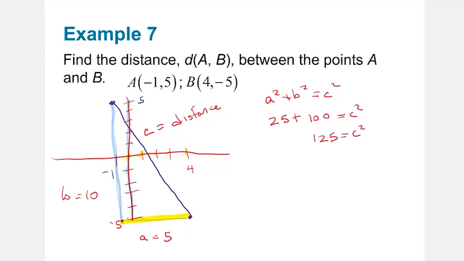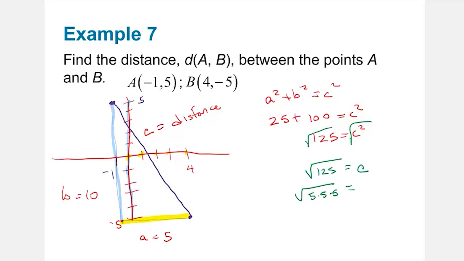And then I have to simplify 125 because I'm going to take the square root of both sides, right? I take the square root of both sides, and I'm going to get c is equal to the square root of 125, which is equal to the square root of 5 times 5 times 5. You can factor it, and you'll see there's 3 5s.